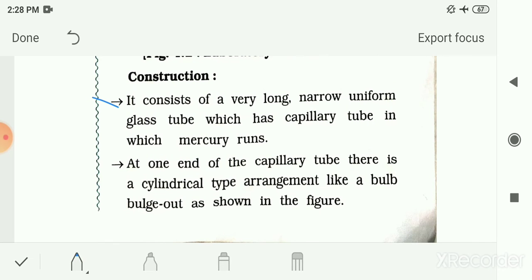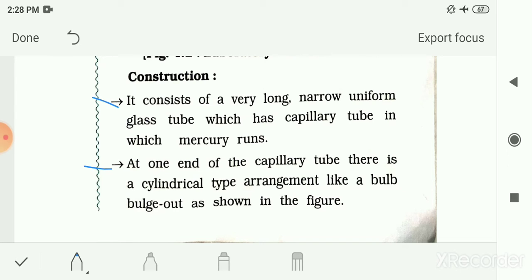First point is, it consists of a very long, narrow, uniform glass tube which has the capillary tube in which mercury runs. Same as the clinical thermometer, it mainly consists of a very long and narrow uniform glass tube, in which the capillary tube is there and mercury runs, that is, expands or contracts in this capillary tube.